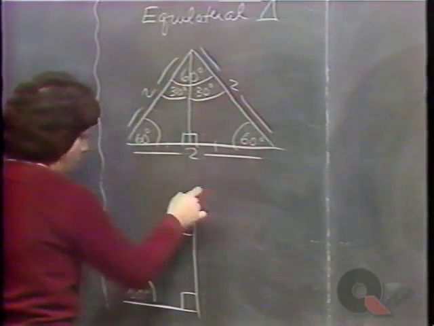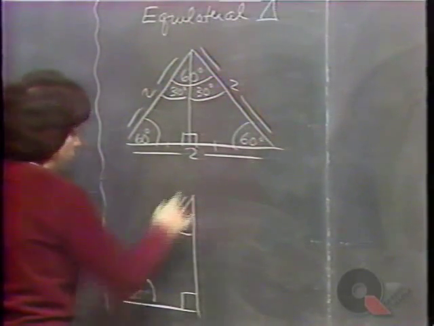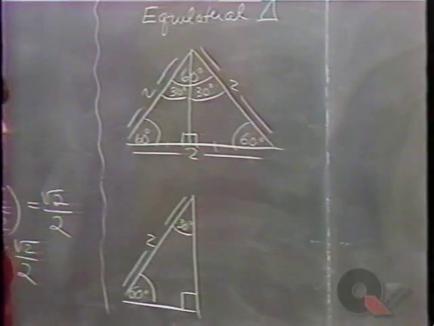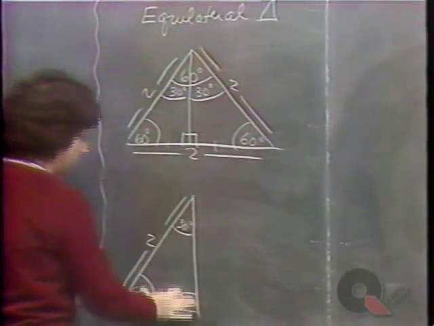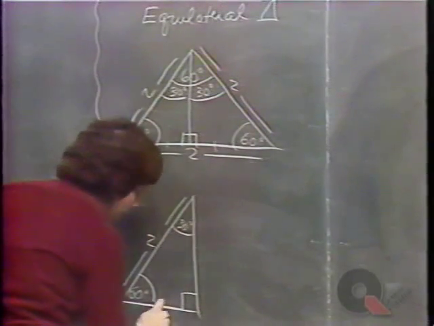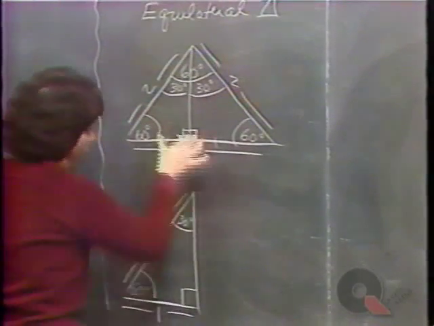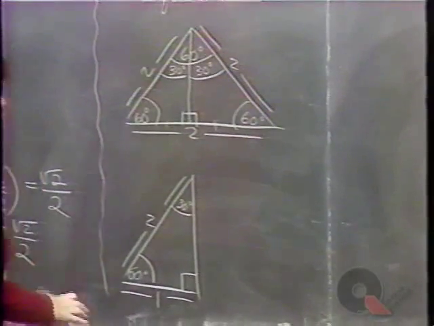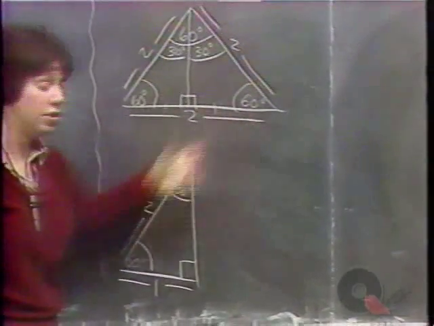This hypotenuse is one of the original sides of the equilateral triangle. It has length 2. And this base here must have length 1, since it is half of the entire base of this triangle, which had length 2.